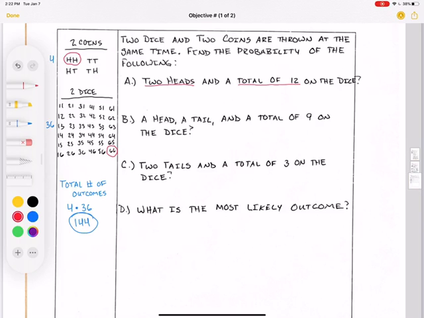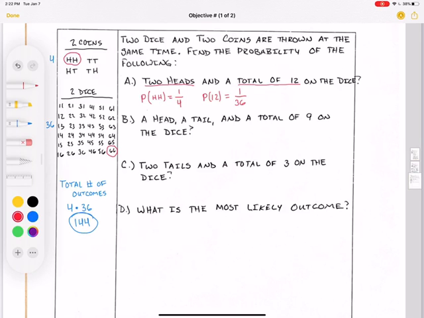So, for the 2 heads, the probability of 2 heads is going to be 1 out of the 4. The probability that I roll a 12 is going to be 1 out of the 36.